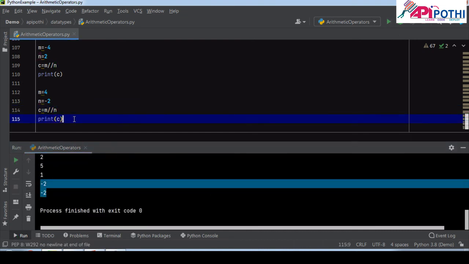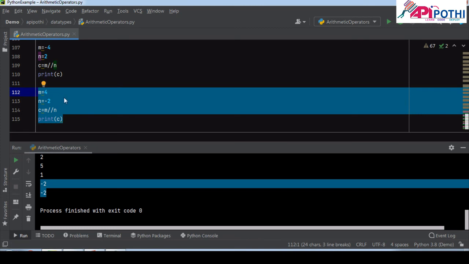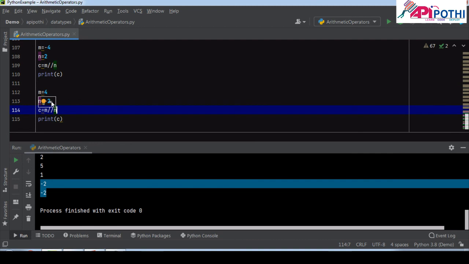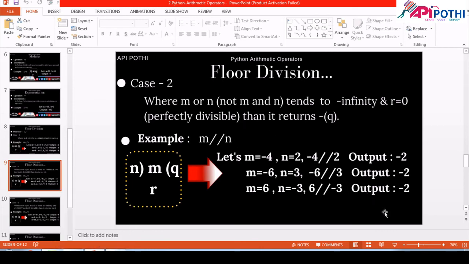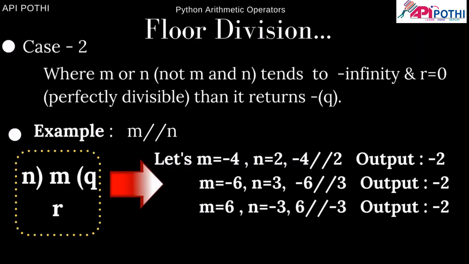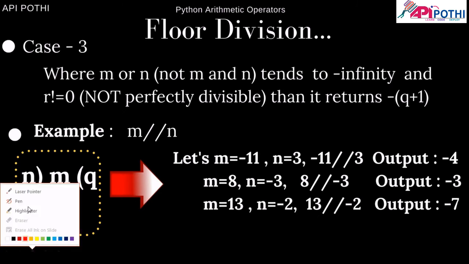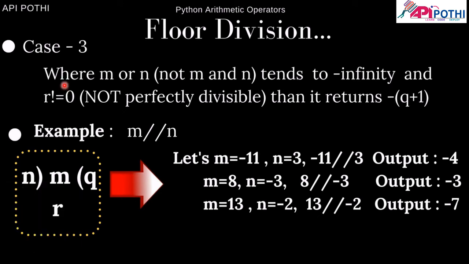So either m or n should be negative. We covered all this. Not both, not both. For both we have a separate case. So this is the floor division for case number 2. Coming to another scenario where m or n, not m and n, tends to minus infinity.